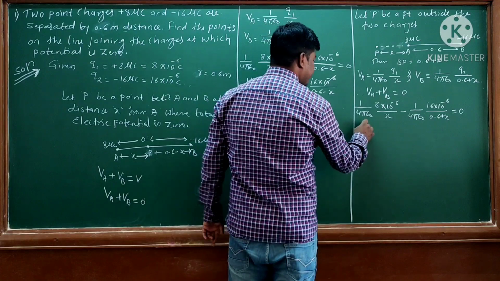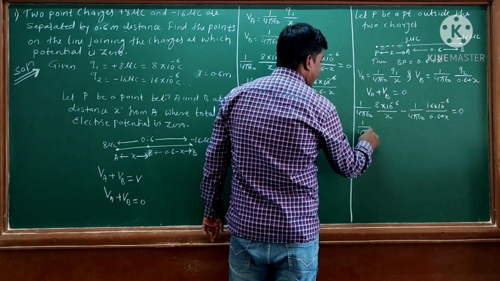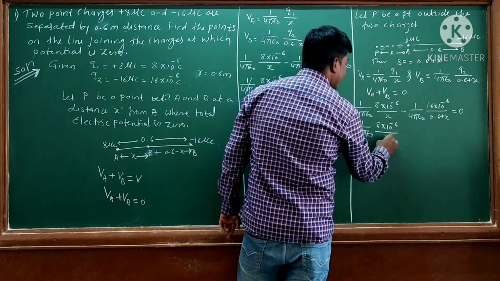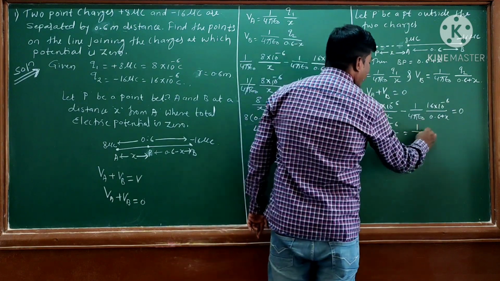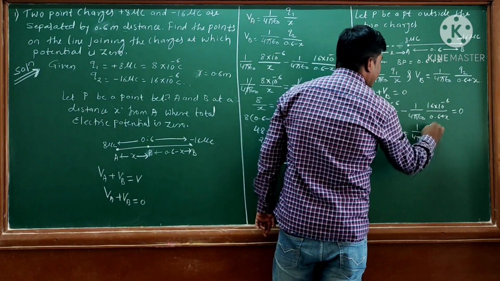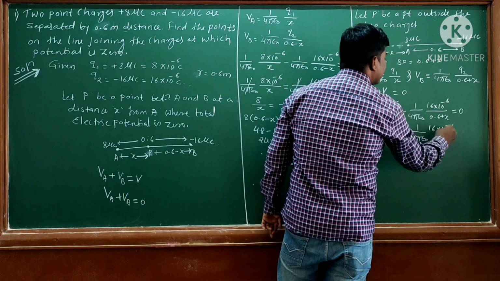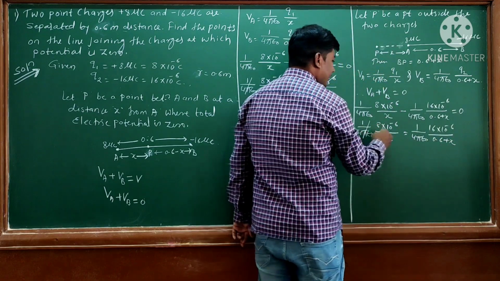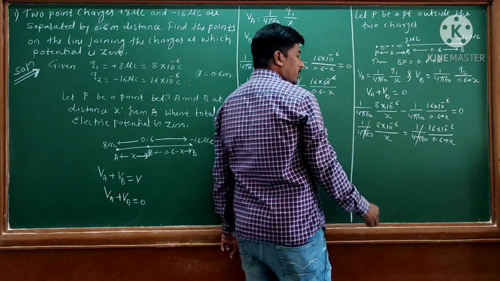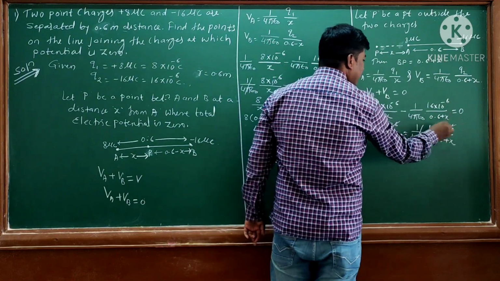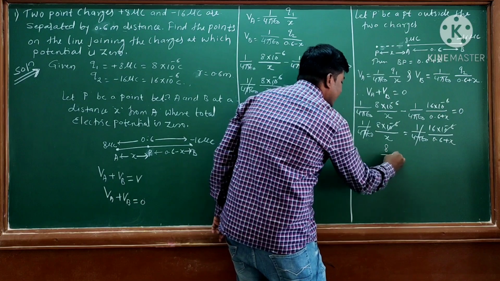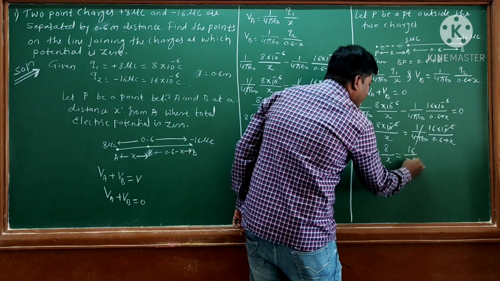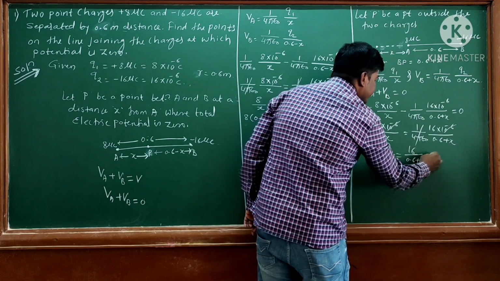So it is 1 by 4 pi epsilon naught 8 into 10 to the power minus 6 divided by x, which is equal to 1 by 4 pi epsilon naught 16 into 10 to the power minus 6 divided by 0.6 plus x. So this 1 by 4 pi epsilon naught gets cancelled, 10 to the power minus 6 gets cancelled. What remains here? 8 by x, which is equal to 16 divided by 0.6 plus x.